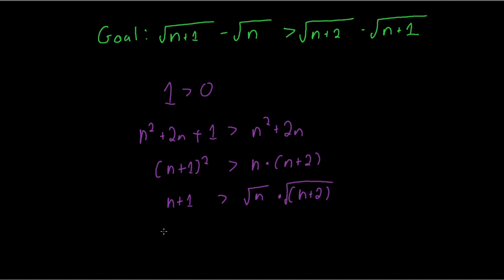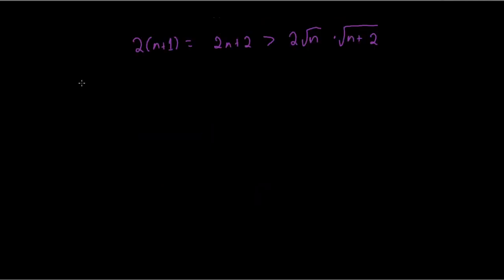Next, we're going to multiply both sides by 2. So 2 times n plus 1, which is just equal to 2n plus 2, is going to be bigger than 2 times the square root of n times the square root of n plus 2. So next up, we're going to want to add n and n plus 2 to both sides of the equation.